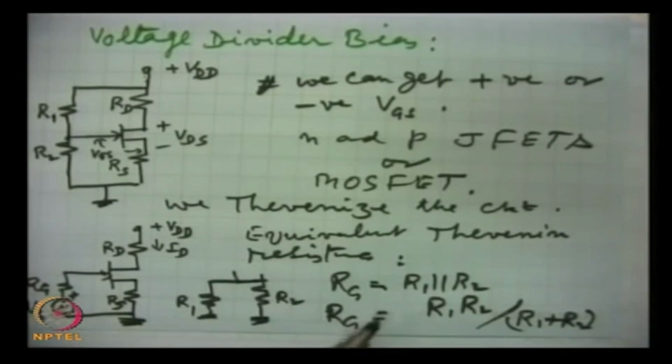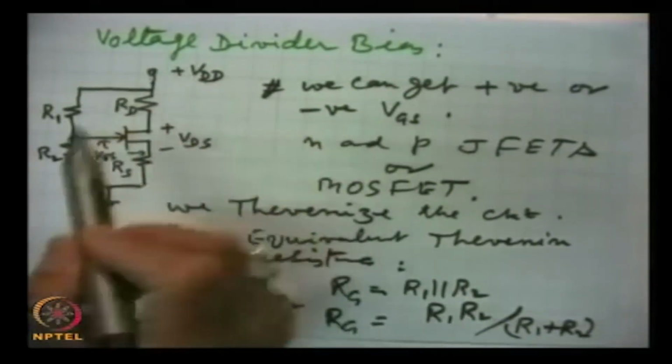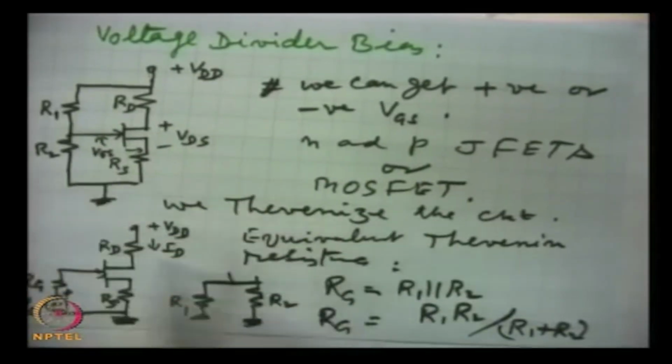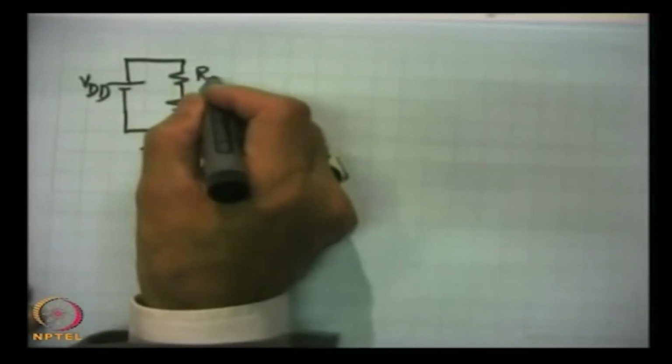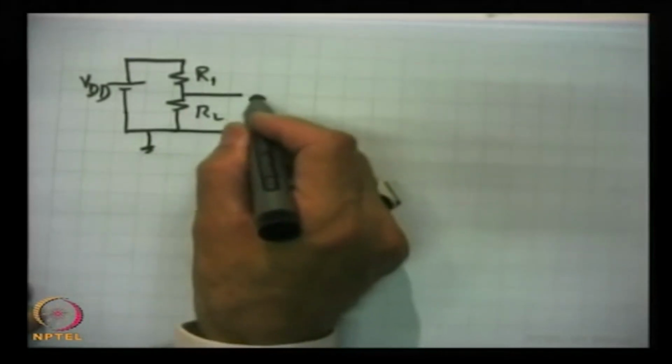The voltage is, what is the voltage which this VDD produces between gate and source? So the equivalent circuit actually will be this. This is VDD, and this is the two resistances. This is R1, this is R2, and here we have to find out this is VG.